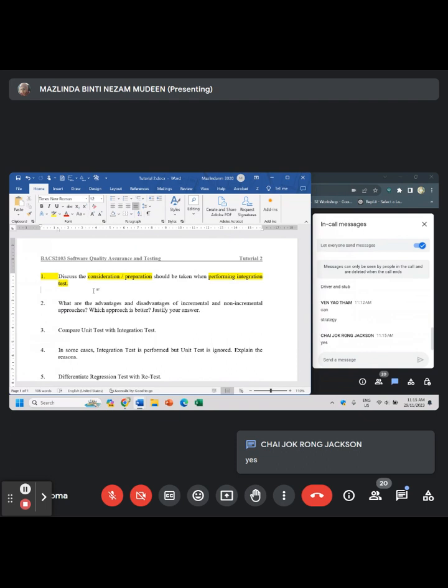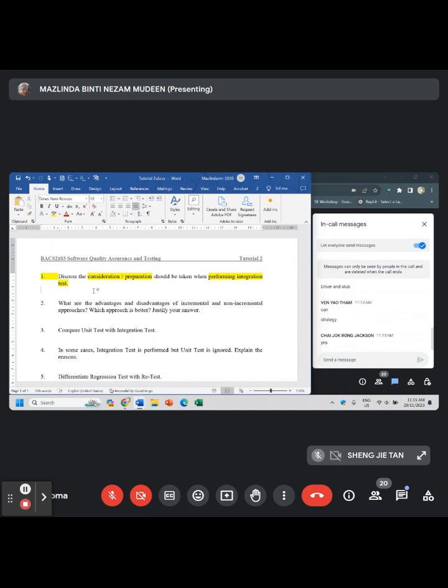Yes, because we always want to make sure that as individuals, all these items have been tested, correct? So that whatever defects there are can be detected earlier, so that when we do integration test, we will have fewer issues to deal with.